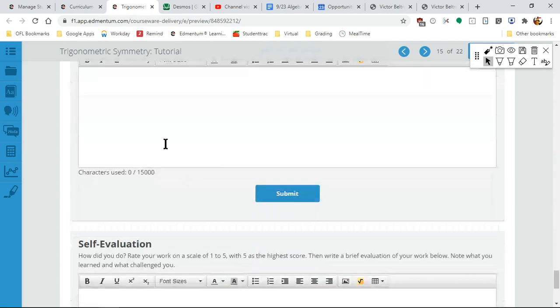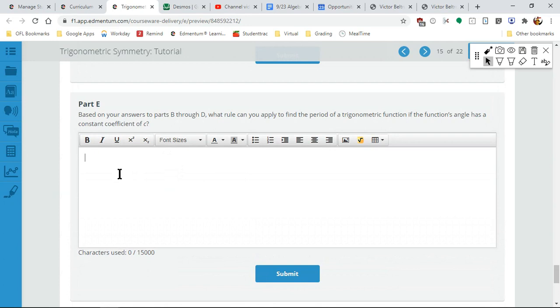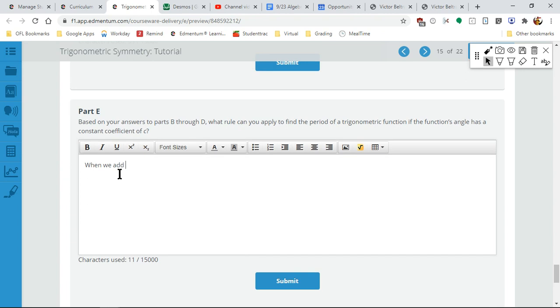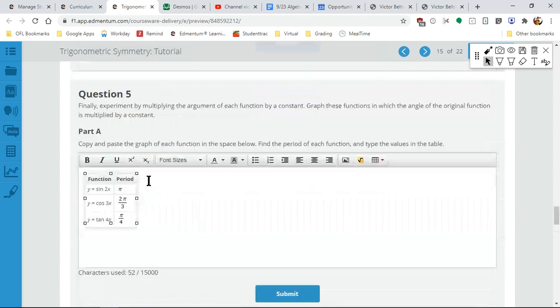Based on the answer to the previous part, find out. So now it's going to ask us for the rule. So what we're going to say here is when we add a number, or not add a number... did I mess up on the last one?